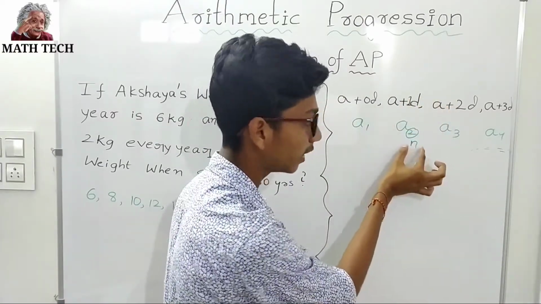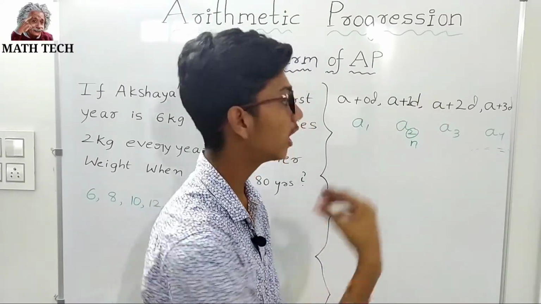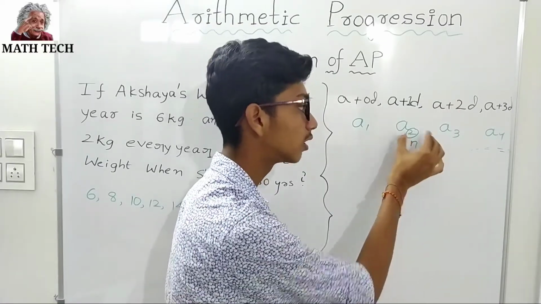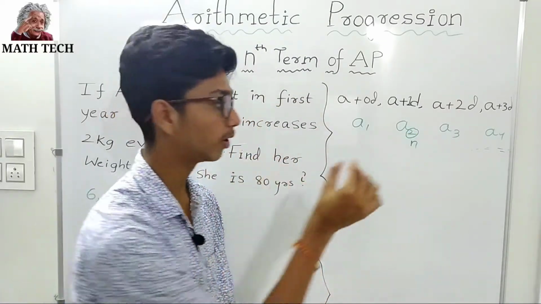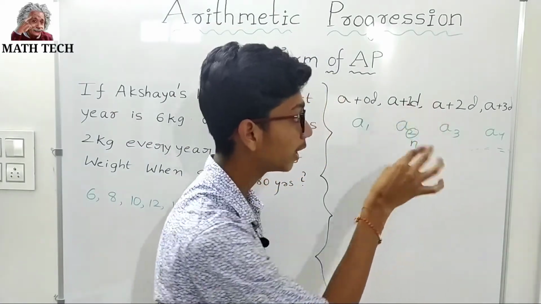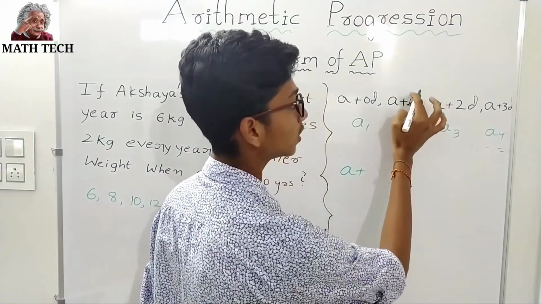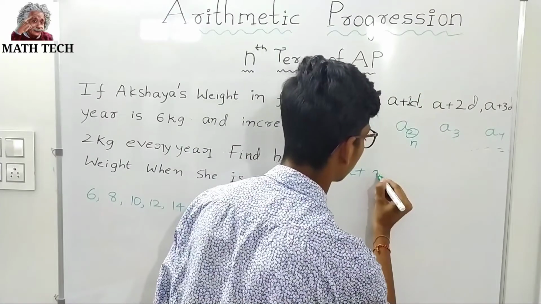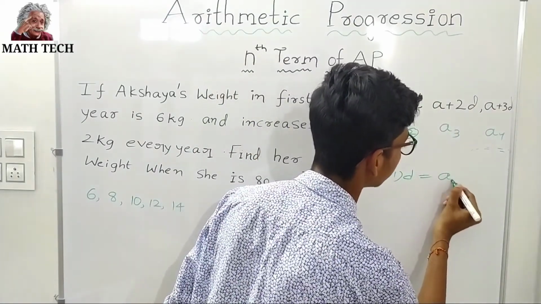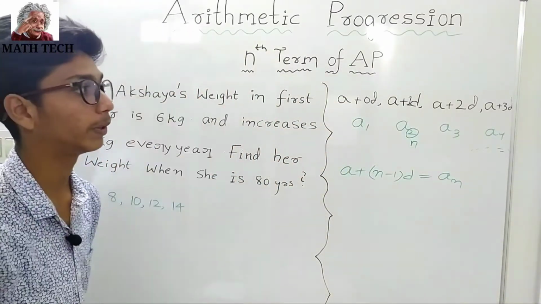We assumed that the second term is the nth term, so n is 2 and 1 means n minus 1. So we can easily say a plus n minus 1 times d is equal to an. Simple. This is the formula for finding the nth term of an AP.